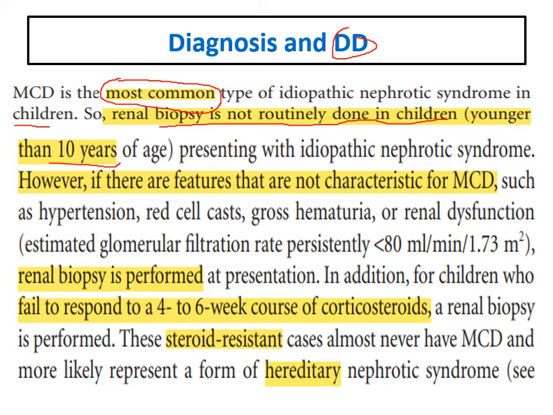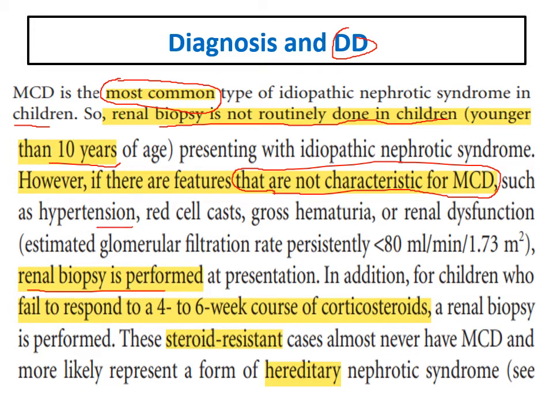However, take care, if there are features that are not characteristic for minimal change, when there is some doubt that this nephrotic syndrome might not be due to minimal change, renal biopsy is done. Like what?